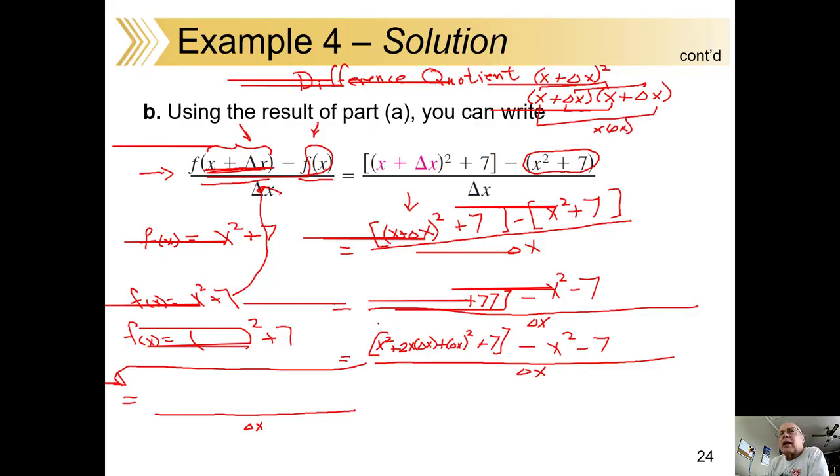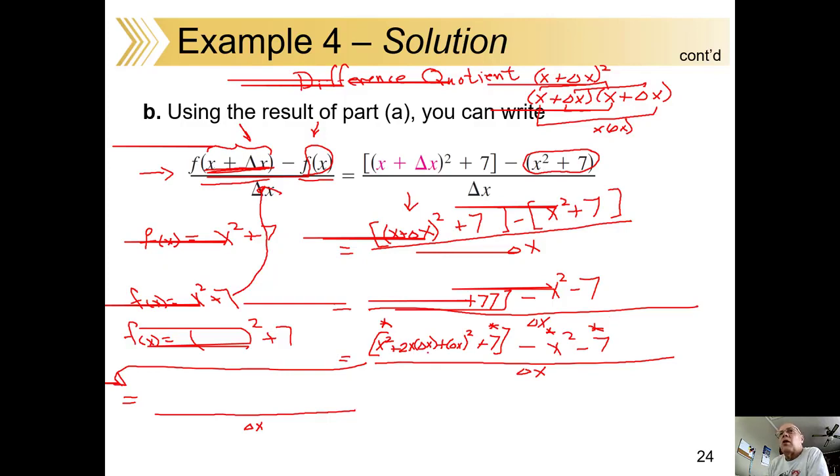If we take a look at the x squared right here, put an asterisk above it, I've got a minus x squared over here. So when I put those together, I'm going to get 0. Also, I've got a 7 here and a minus 7 there. Total, 0.